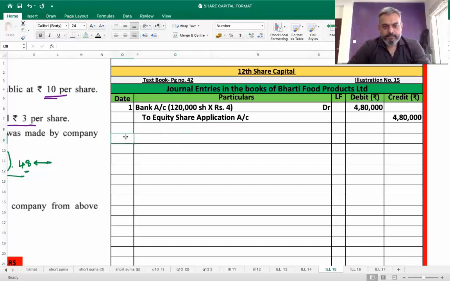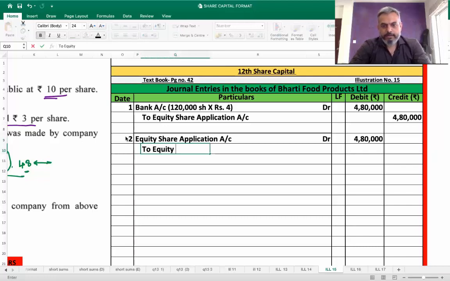Second, equity share application account debit 4,80,000. Now two, equity share capital account. Now we have already done the working, that is 80,000 shares into face value rupees 4, 3,20,000.